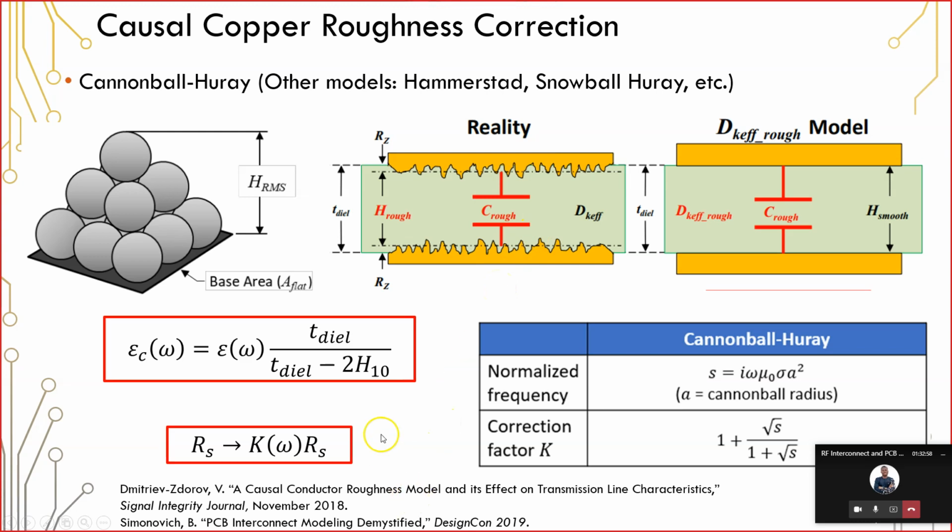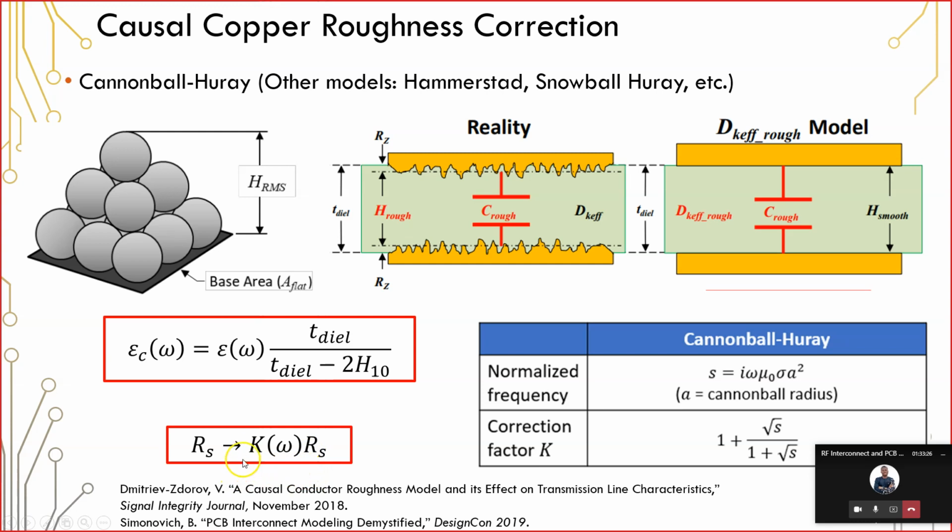Now, there's another effect here that changes the impedance, and that is the skin effect. The skin effect is increased, meaning the resistance due to the skin effect is increased due to the roughness of these copper materials. There are some different models that are used to describe this K of omega function. If you're using something like Altium Designer, it includes a roughness correction tool.